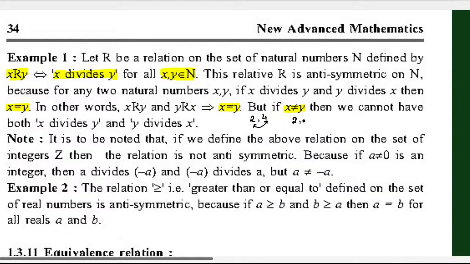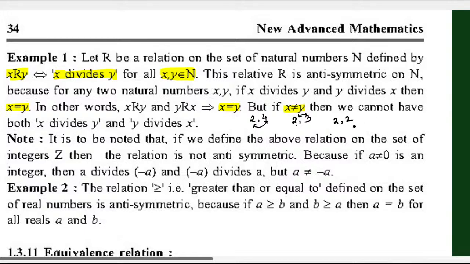Say 2 and then 3. You cannot, because they are not divisible. But if they are equal, 2 and 2, 2 can be divided by 2, and 2 can be divided by 2. 3 and 3, 3 can be divided by 3.